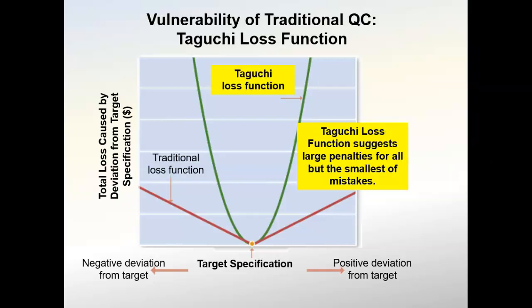Now, even if an organization is producing products that minimize the Taguchi loss function through tight adherence to specifications, this does not guarantee that the organization is producing value. Perhaps the greatest vulnerability of focusing exclusively on conformance concerns the origins of the specifications defining that conformance. So while specifications represent the producer's expectations of the product, this does not necessarily mean that the product will meet the customer's expectations.